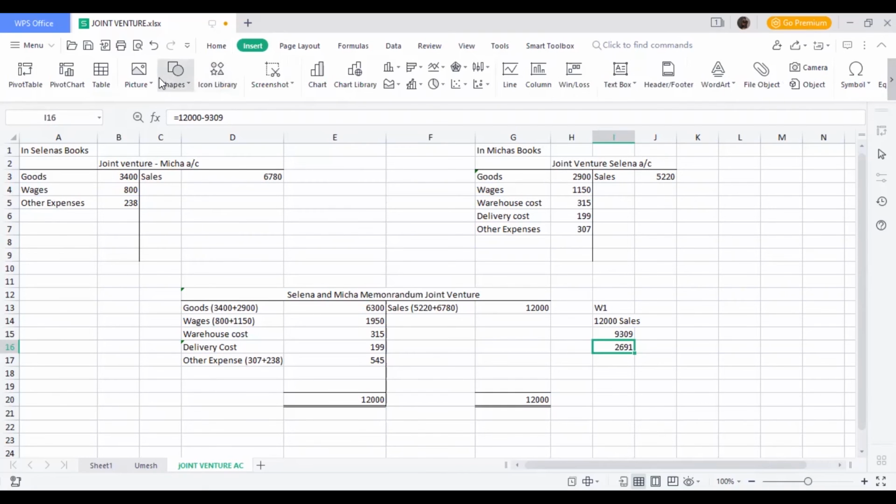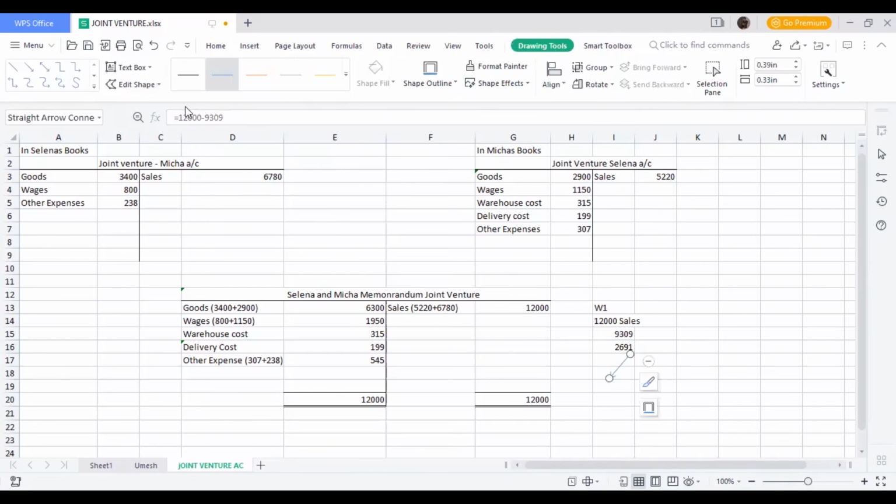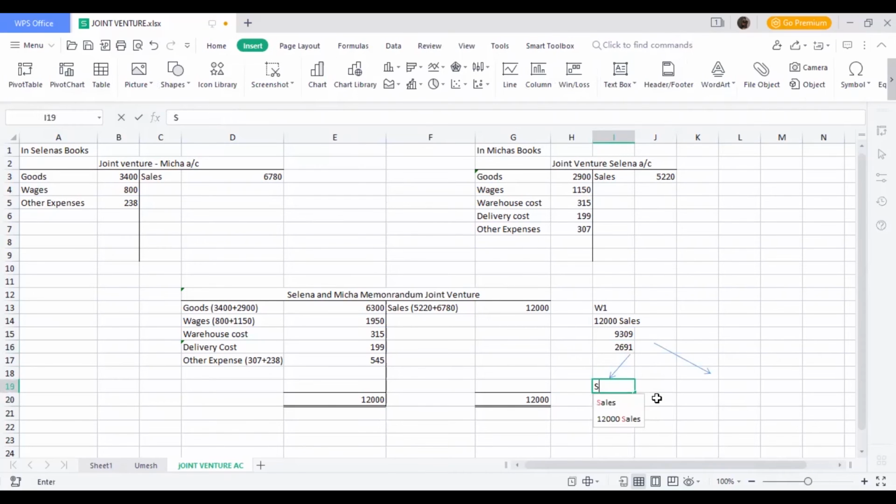I'm very slow, so I need you to be patient. So now 2691, I'm going to take Selena's profit and Micha's profit. Selena's profit is going to be 2691 divided by 3 into 2 because the profit sharing was 2. 2691 divided by 3 into 1.